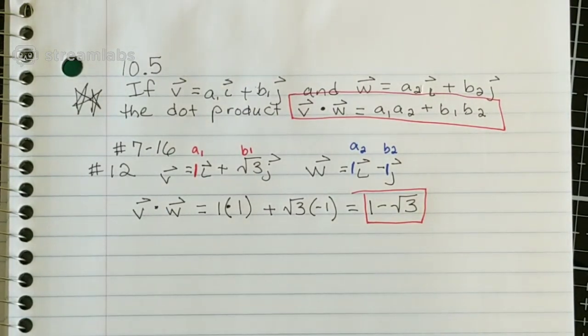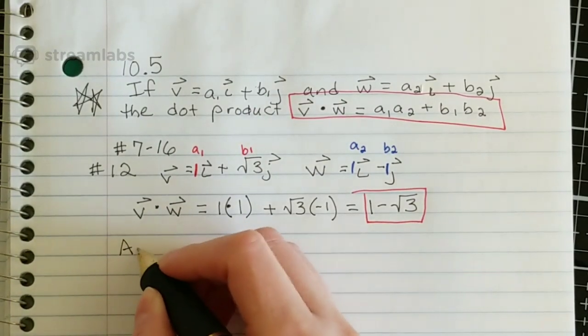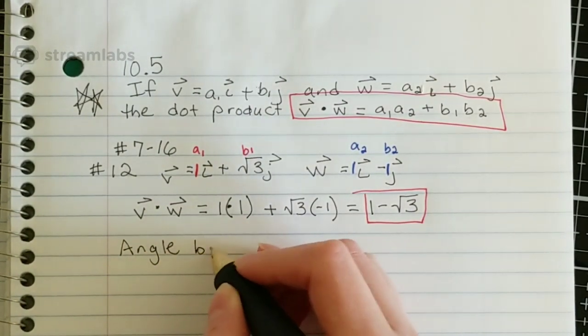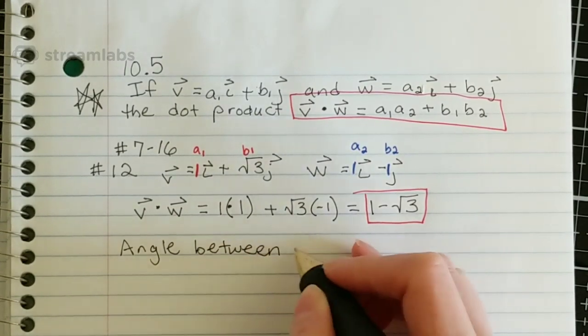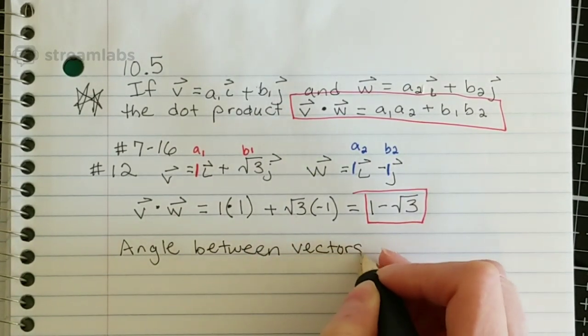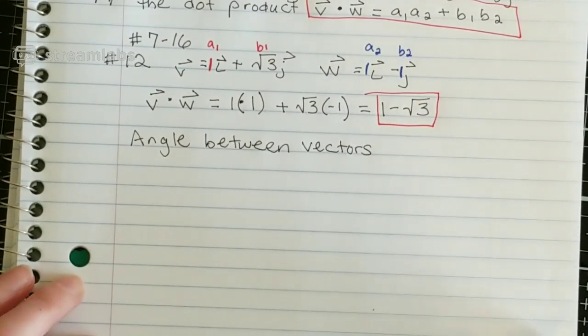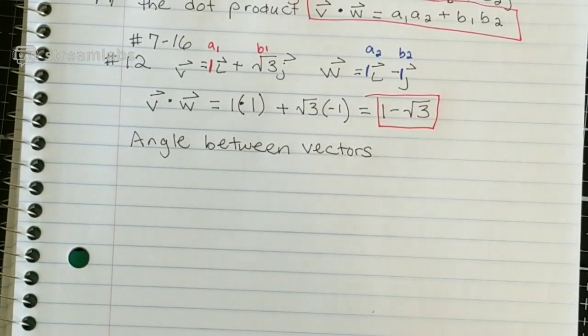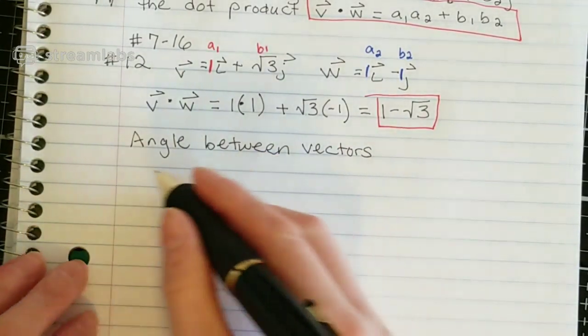Okay, so the next one is going to be the angle between the vectors. So this is just another definition. All right, so again, we're going to have two vectors.